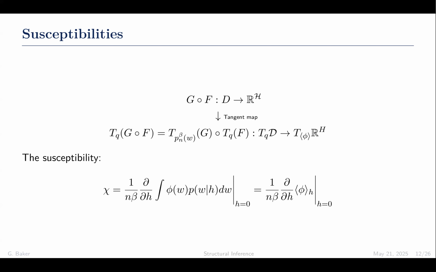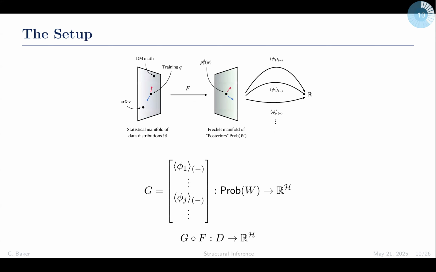So we turn this into a linear algebra problem. For each of our observables, we can find the derivative of that observable with respect to small changes in the data distribution. For example, if our center point is the Pile, we would ask how these expectations over observables change if you slightly increase the proportion of samples from Archive or DMF.